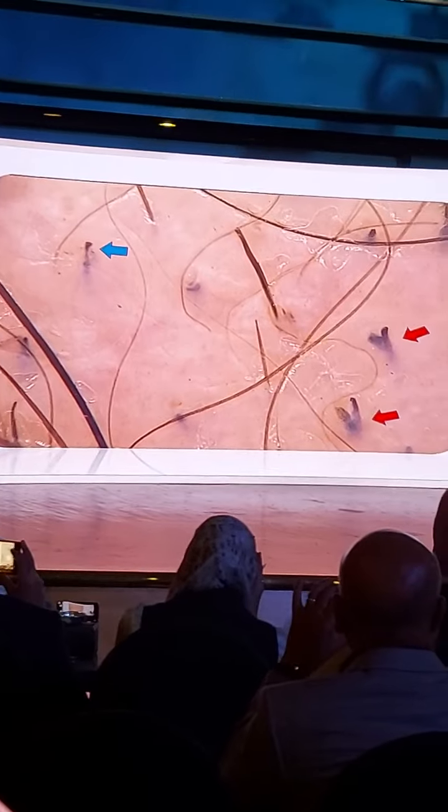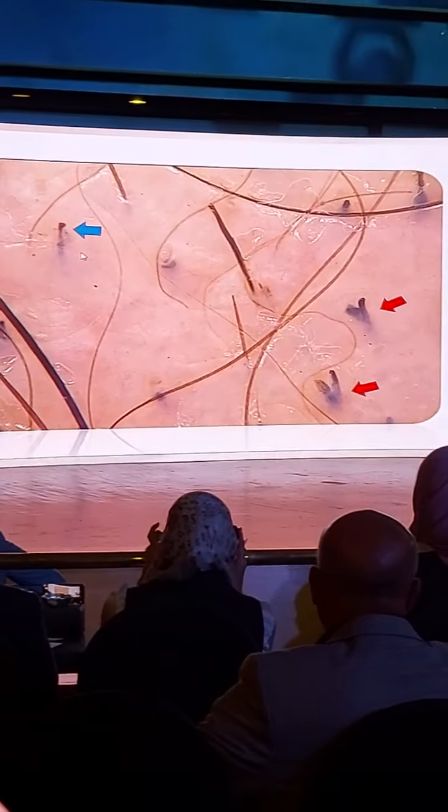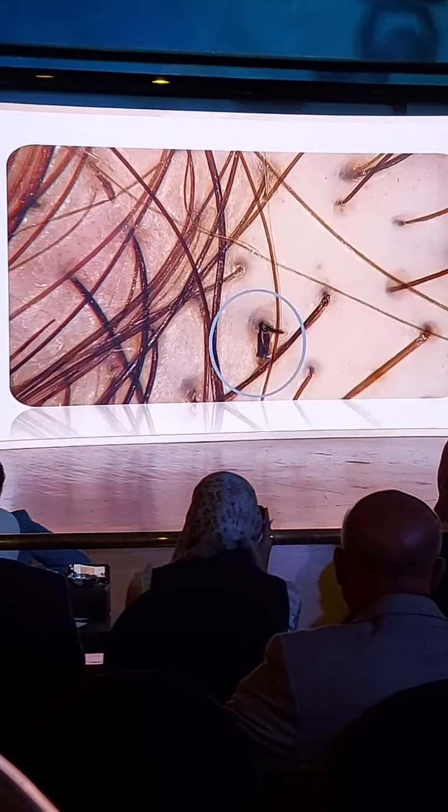And this is an example in which you can see the V-sign. On the right side, this is a hook hair, V-sign, with two short hairs uniform in size, and here is a hook hair. So the diagnosis in this case is very easy.